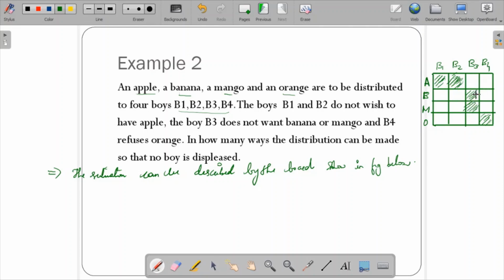Also, the shaded squares together represent the forbidden places in the distribution.